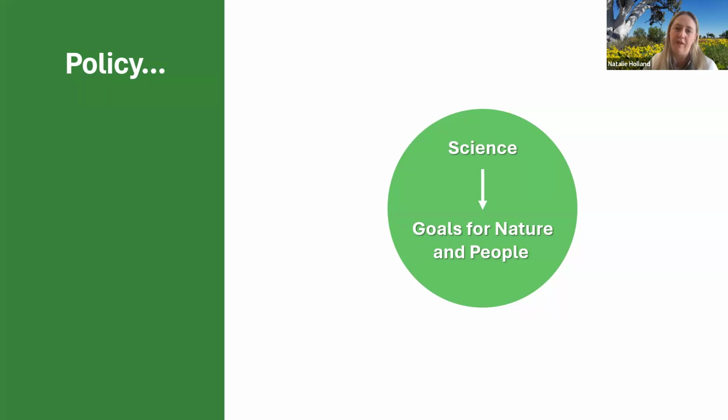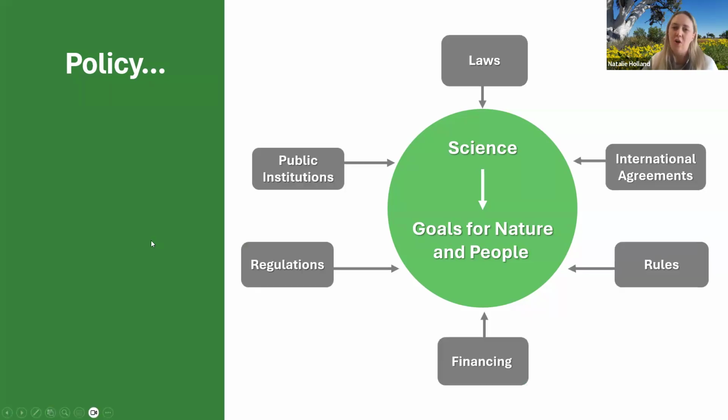Behind all of our efforts, all of us in all of our different organisations operate within the contexts of rules, regulations, laws, international agreements, public institutions and financing that shape and sometimes constrain what's possible and who pays how much for what. So the way we see policy is that it's about formally shaping these rules of the game at every level.